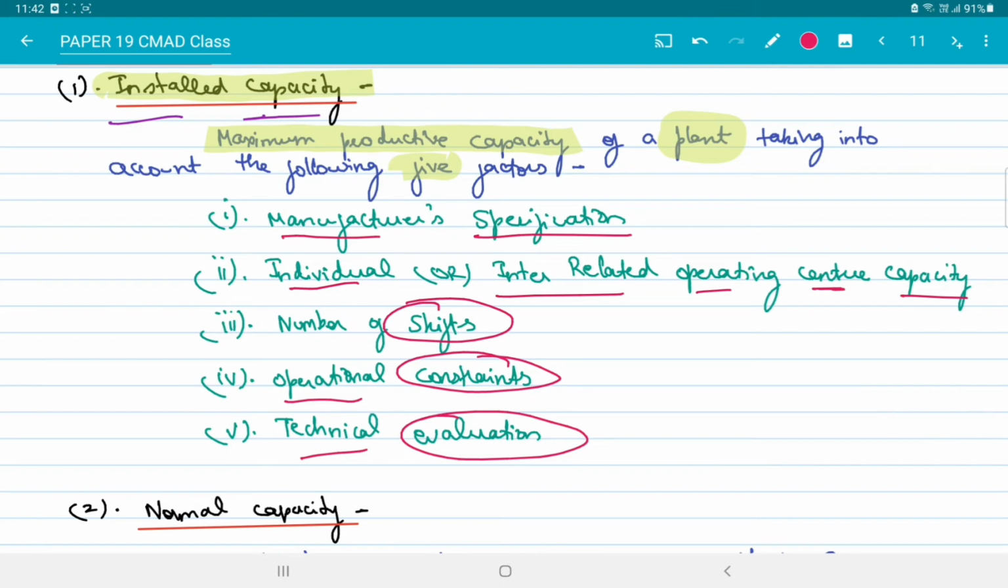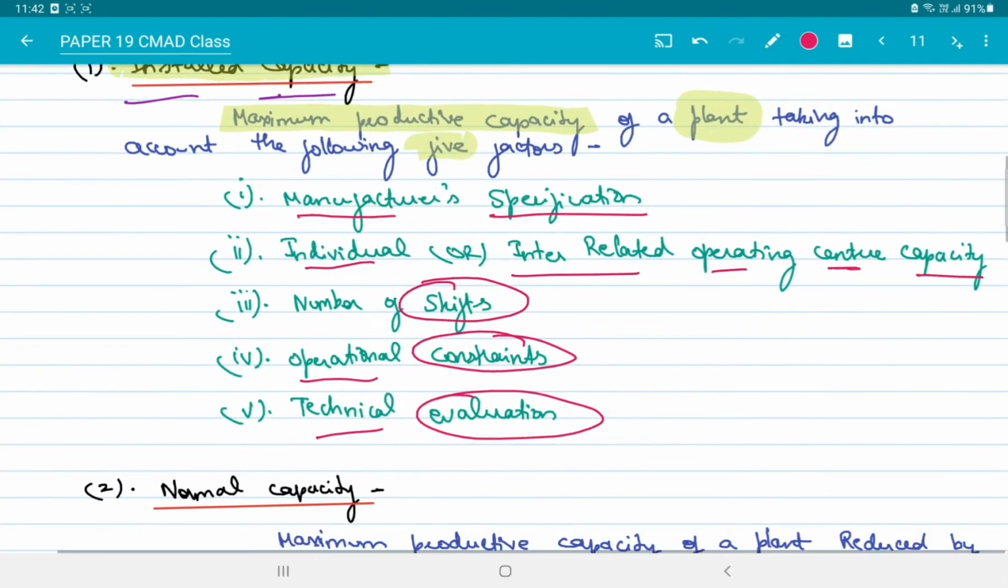Installed capacity is the maximum capacity of a plant to produce or manufacture during the day or the month. After considering the 5 factors, there are manufacturer specifications telling about the equipment, and individual capacities to take into account.